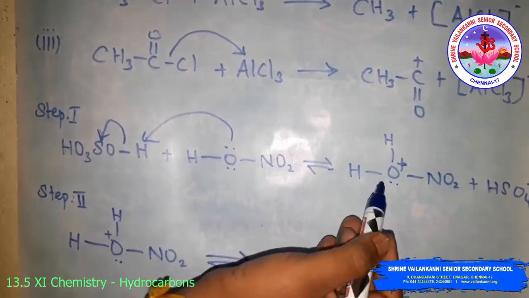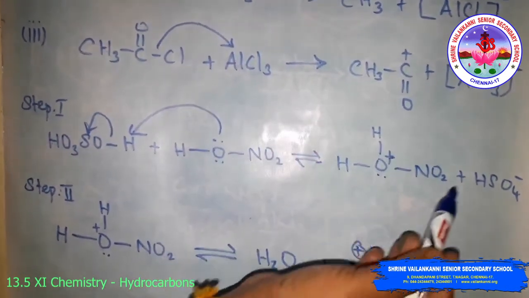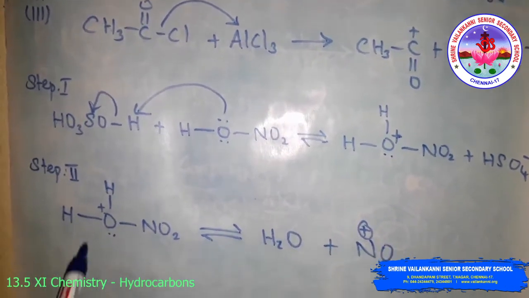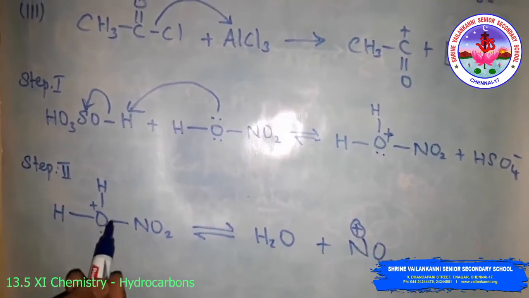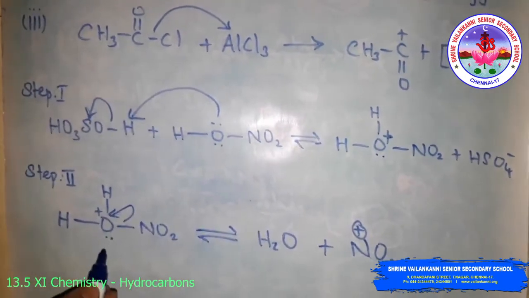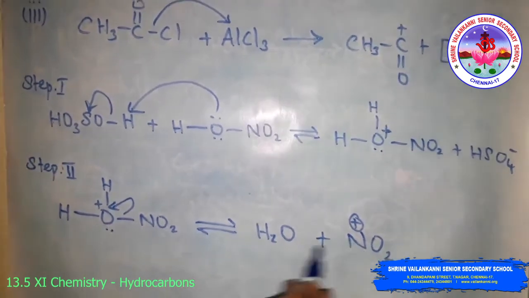So you will get a positive charge on the oxygen atom, then you will get hydrogen sulfate. In step 2 of nitration, this is called the protonated nitric acid. Again the positive charge is stabilized by this and forms the nitronium ion.